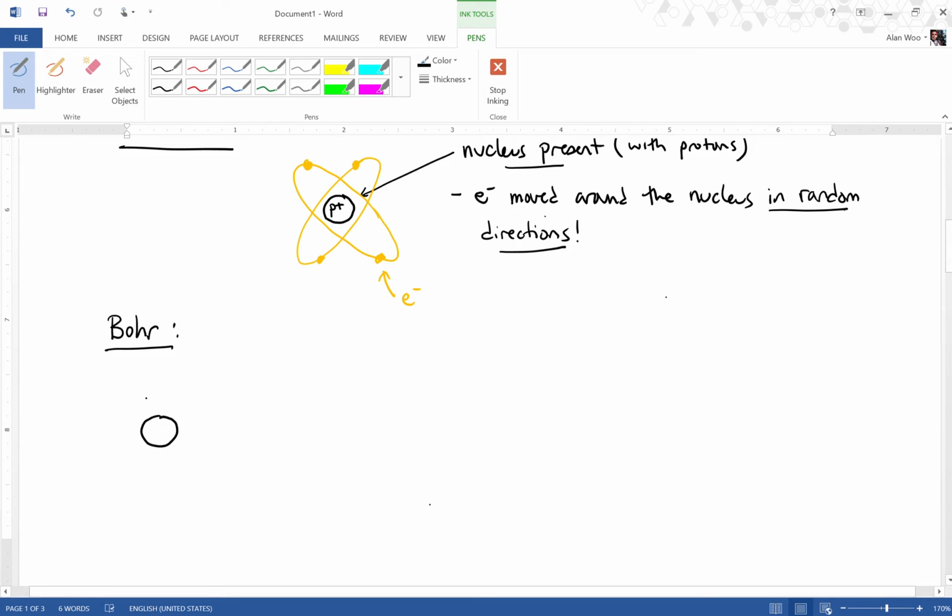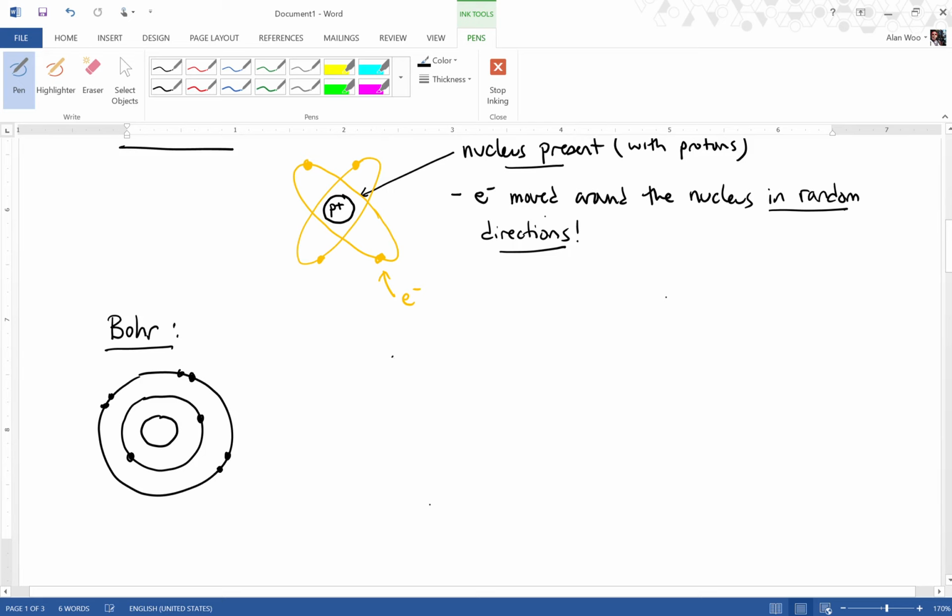You had a nucleus in the center, and then you have these rings or shells that contained electrons, like this, right?